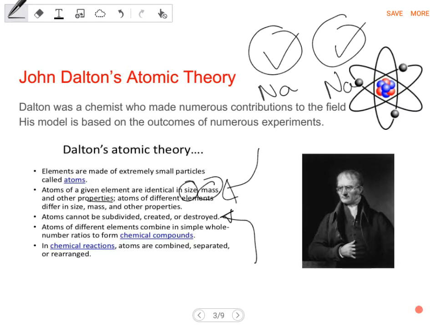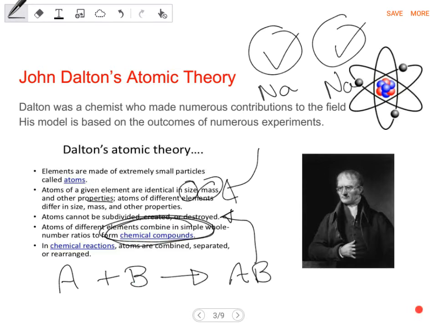Atoms of different elements combine to form simple compounds. Now, we are coming to this later, believe you me. But this was really awesome because he determined that if you take, let's say, atom A and add it to atom B, you should get a compound of AB. That's very simplistic, but on the right track.